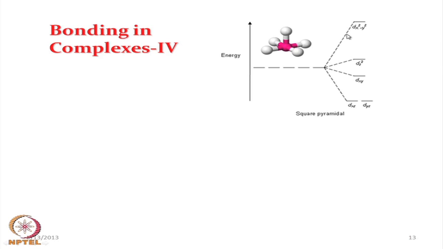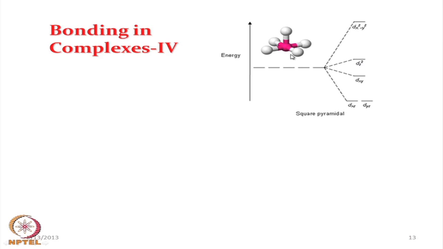So, this is a very simple crystal field diagram to be drawn for a square pyramidal geometry, where we have a doublet and three singlets. If we fill in the electron occupancy for a system such as nickel 2 plus, we will find that 4 orbitals will be paired.